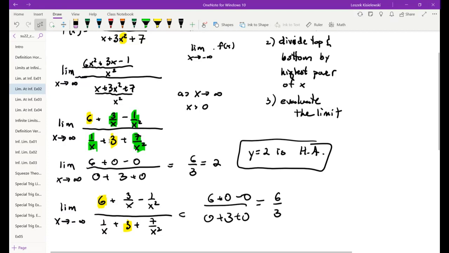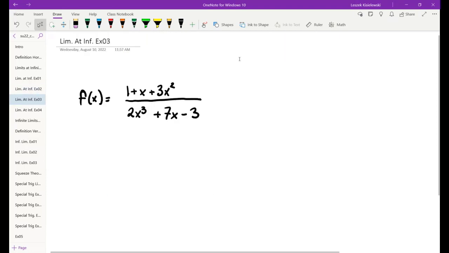Any observations or questions about this? Yeah, so far we've been looking at functions which are rational functions, right? So polynomial divided by polynomial. And I know that you have some pre-calculus techniques for finding horizontal asymptotes, if any, right?